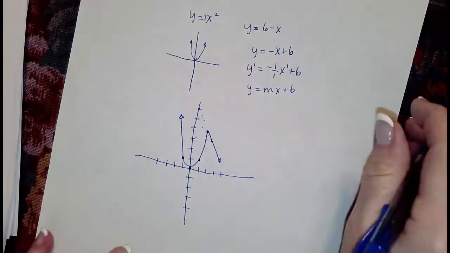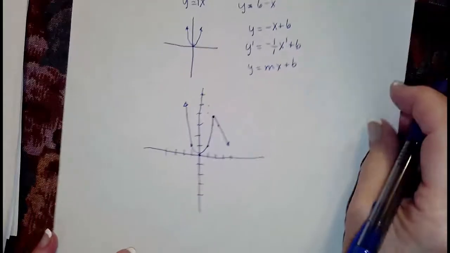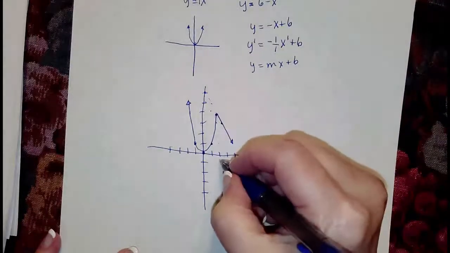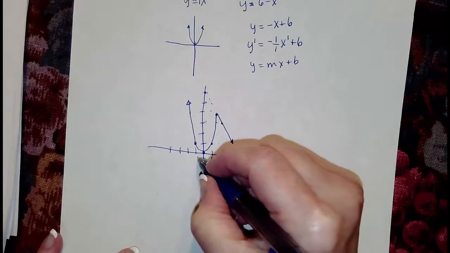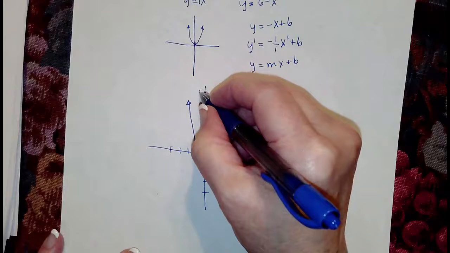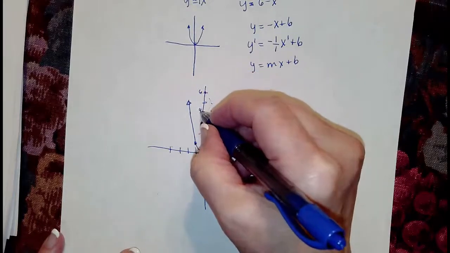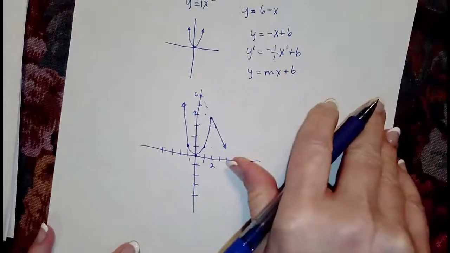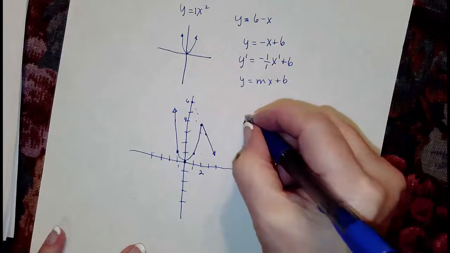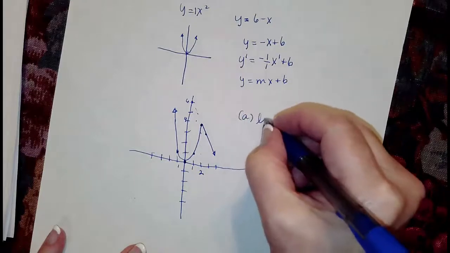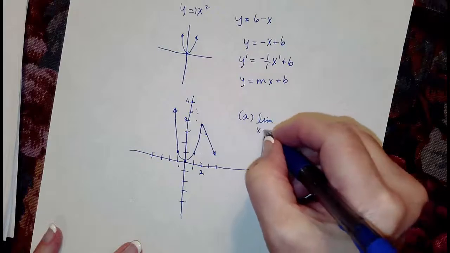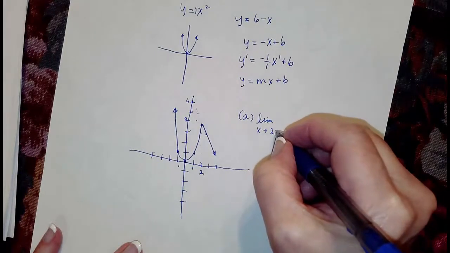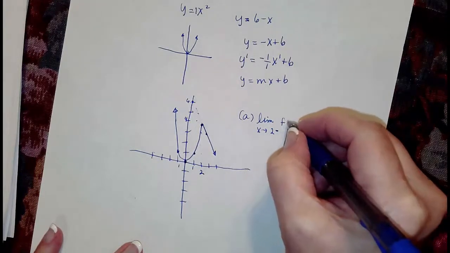All right, so now we're going to read some values off of our picture. So this is 2, and this is 1 and 1, and this is 6, and this is 4. So it gives us some bearings. The first one says a, the limit as x goes to 2 from the negative side of f of x.